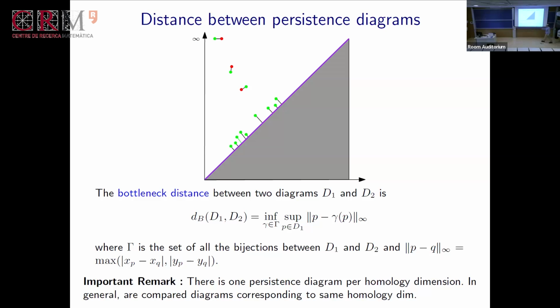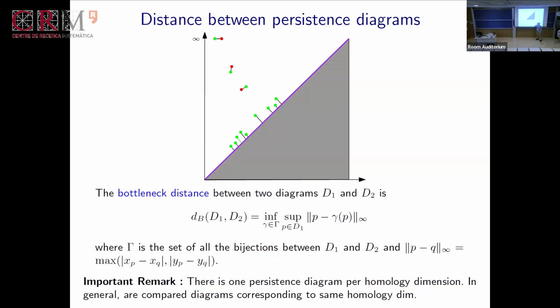When you have a bijection between two diagrams where you have added the diagonal, you look at the largest distance between one point and its image, and you minimize over all the possible bijections between these two diagrams. And this is the equivalent way to define the bottleneck distance. So that's what is called the bottleneck distance.